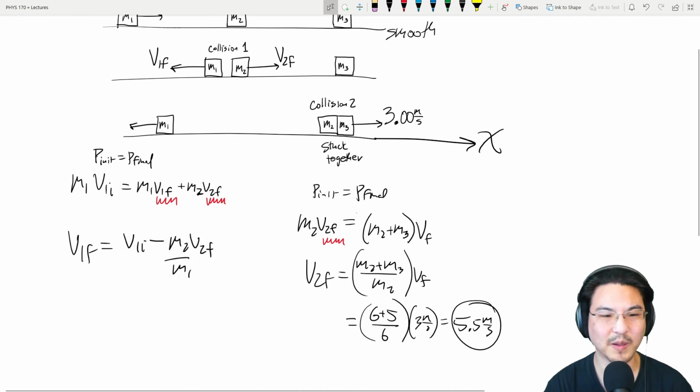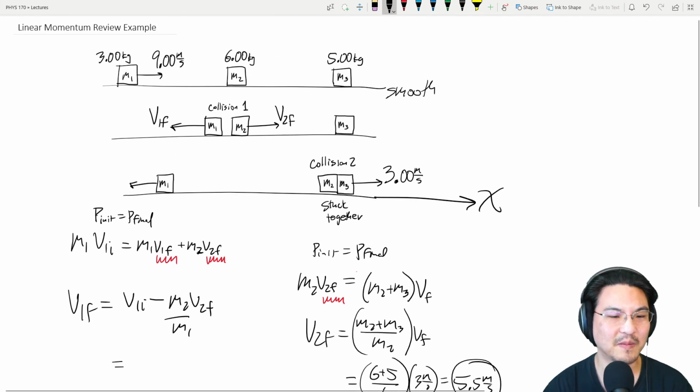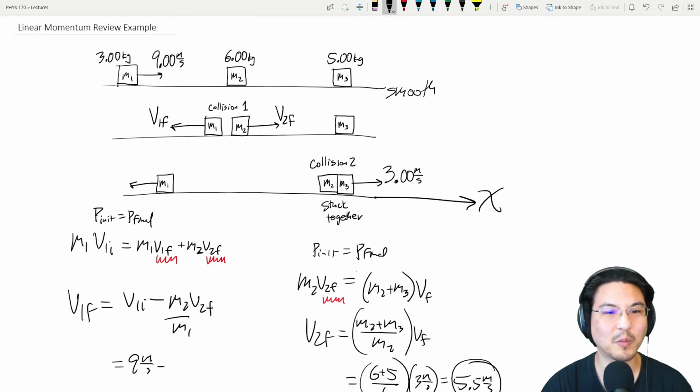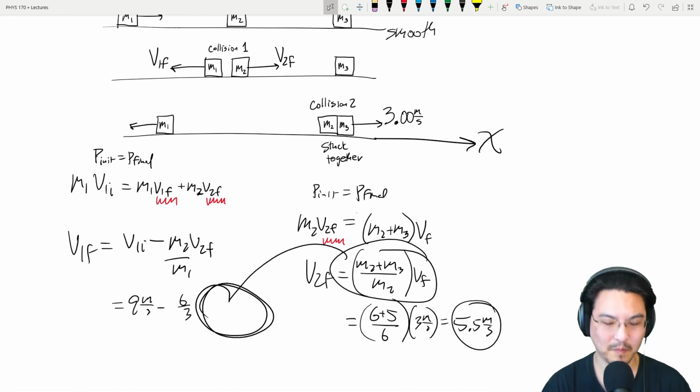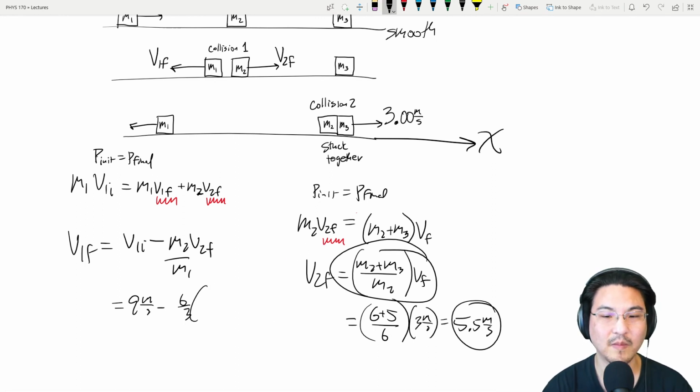Then you can plug in numbers: V1 initial, 9, minus M2 over M1 times V2 final, which is all of this. It's good if you keep extra decimals so you don't have round off error.